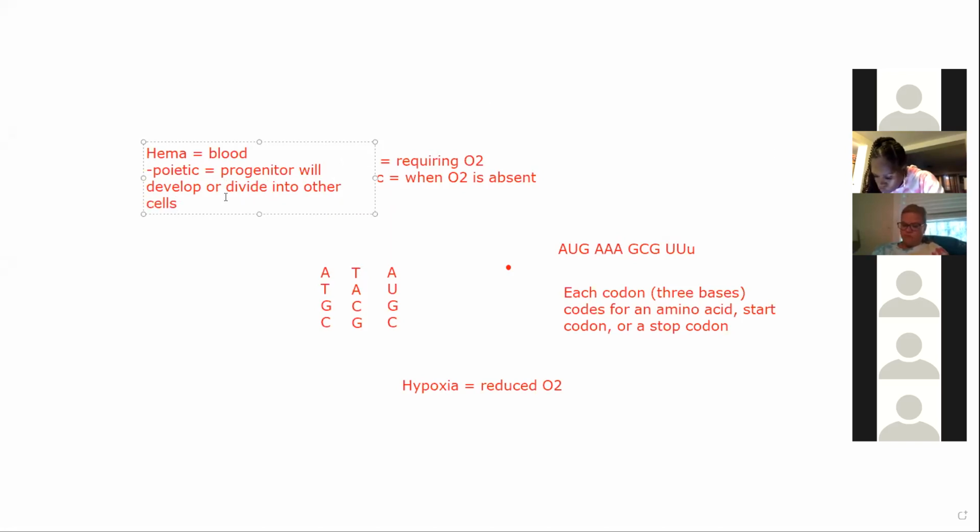So hema always means blood. Poetic always means a progenitor cell, something that will develop or divide into other cells. So a hemopoietic cell is a cell that's going to divide into other blood cells.